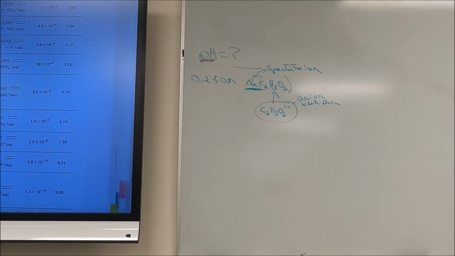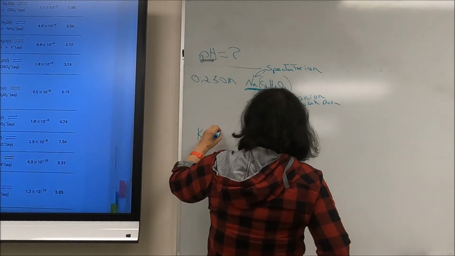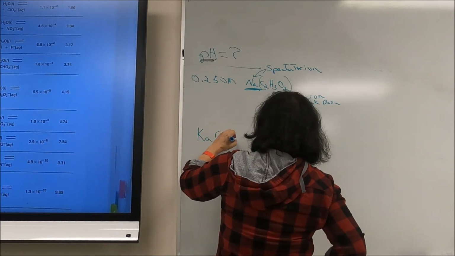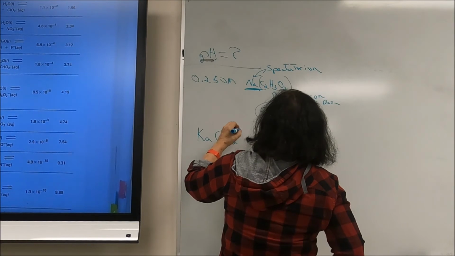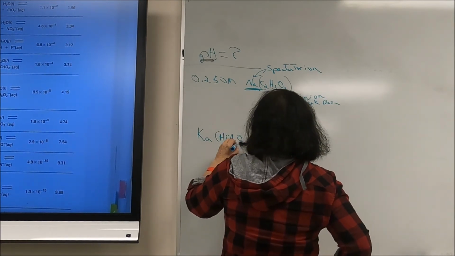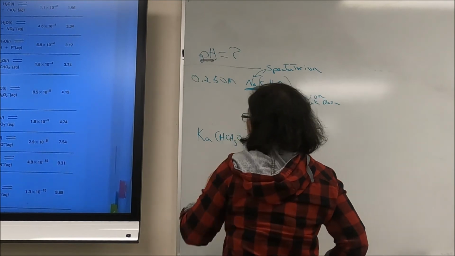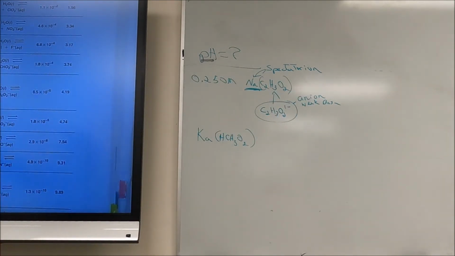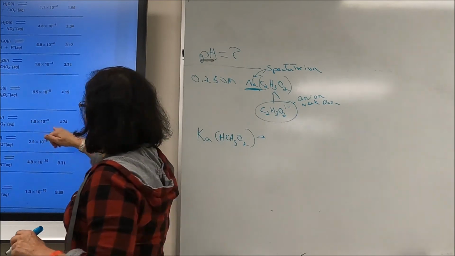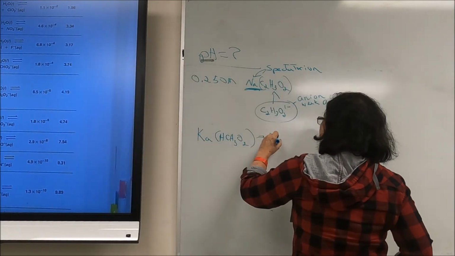So what we've got is the acetate ion, which is the conjugate of acetic acid. So the Ka for acetic acid, HC2H3O2, has a Ka of 1.8 times 10 to the minus 5.